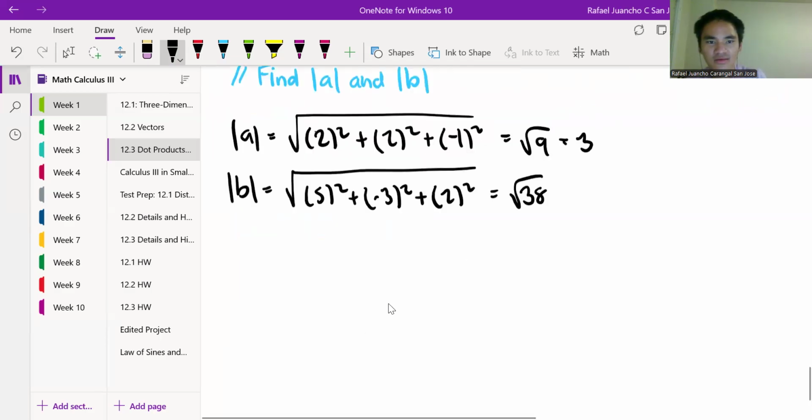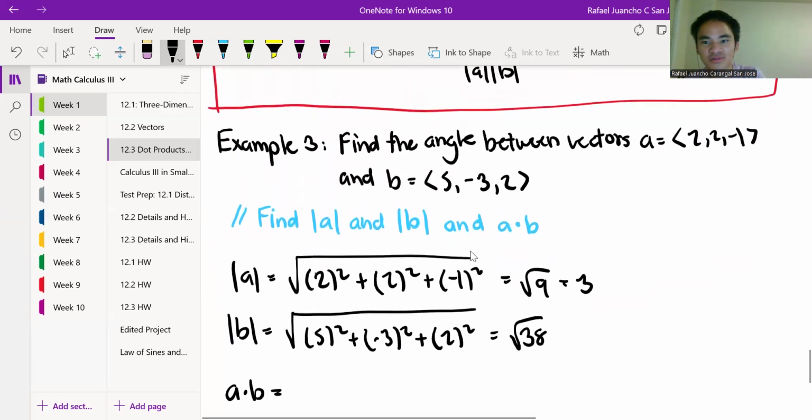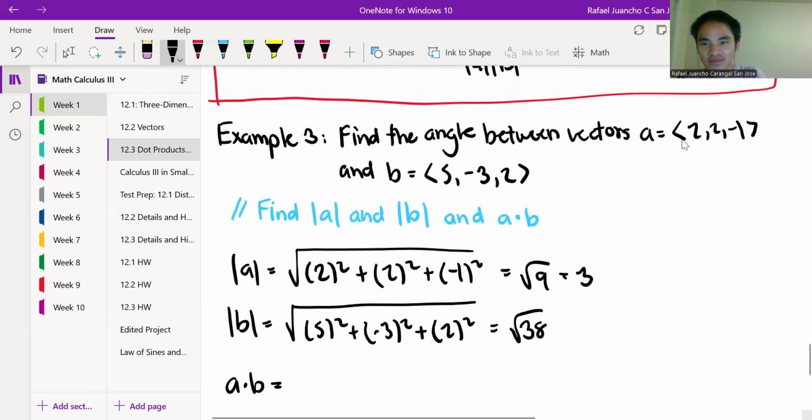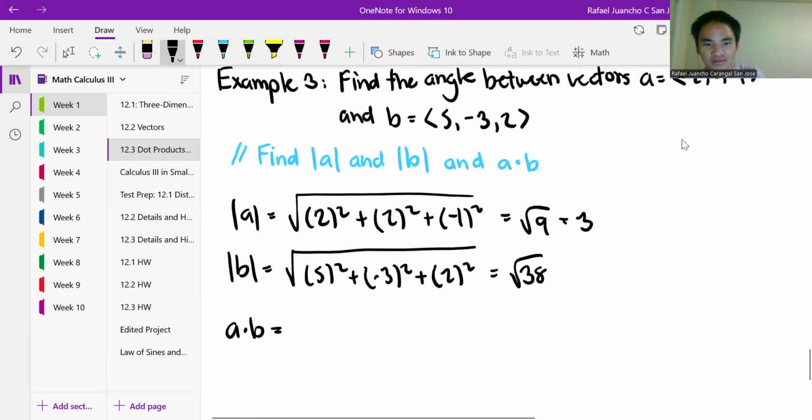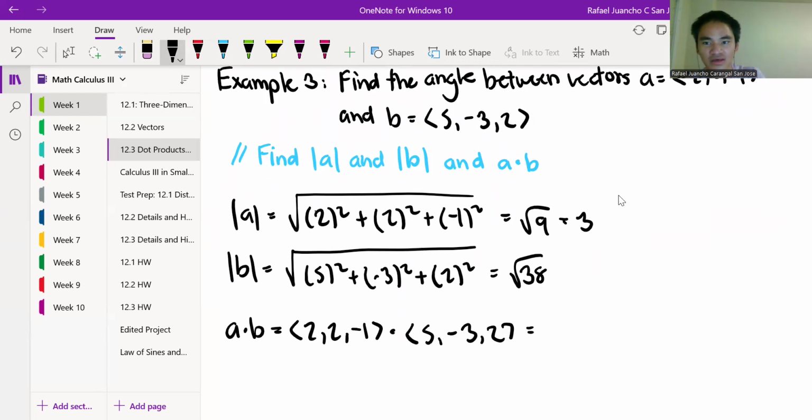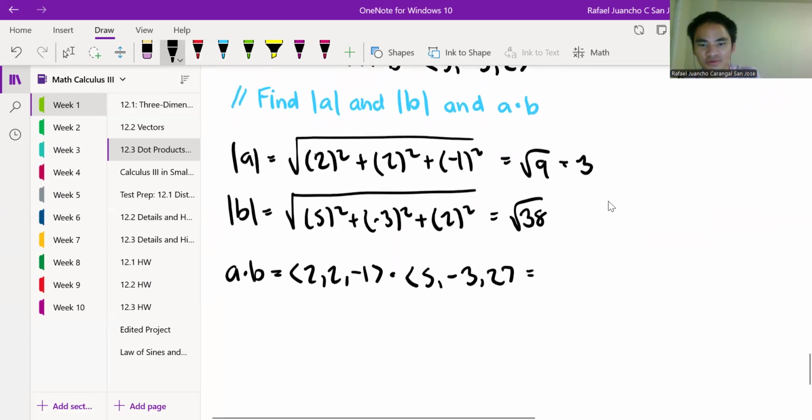And then let's actually also find A times B. So A times B is just multiplying these and adding them together, right? We multiply each component of A by the components of B, and as we're multiplying each component, we're adding them.